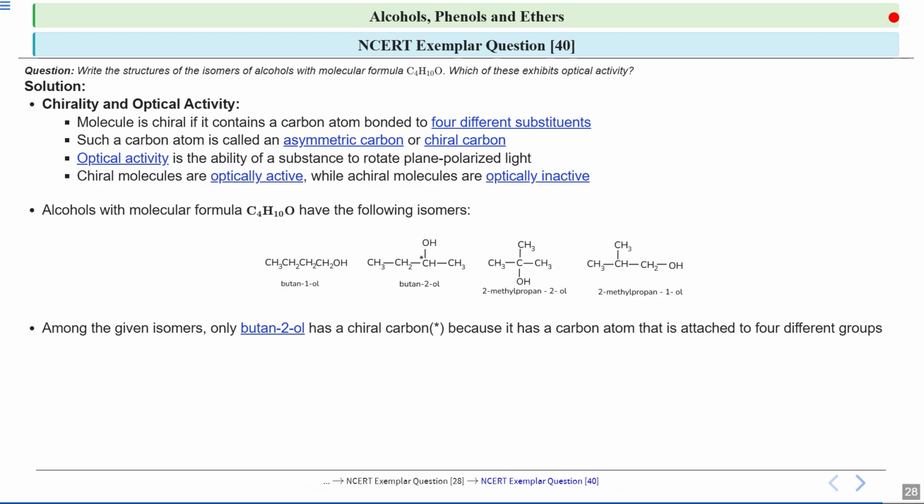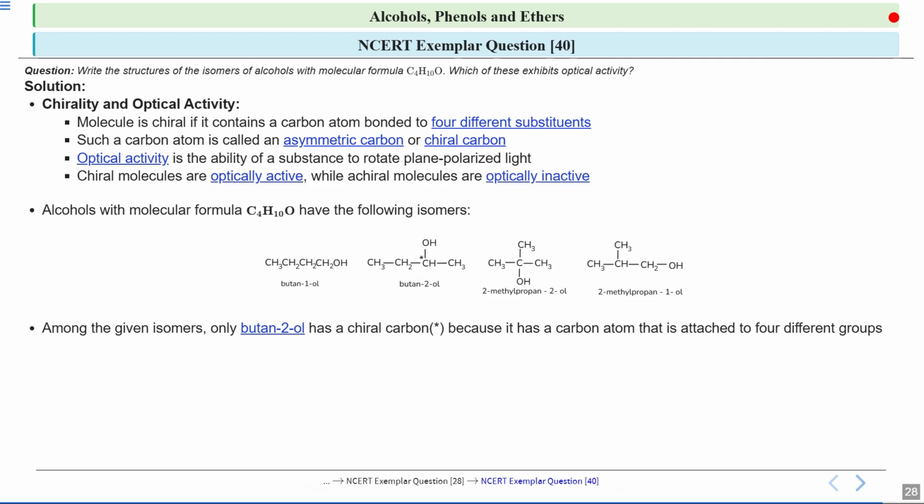So this is a chiral carbon. In butan-1-ol, there is no chiral carbon. In this 2-methylpropan-2-ol, this carbon is connected to the same 3 methyl groups, so this is also not a chiral carbon. And in this one also, this carbon is attached to 2 methyl groups, so this cannot be a chiral carbon either.